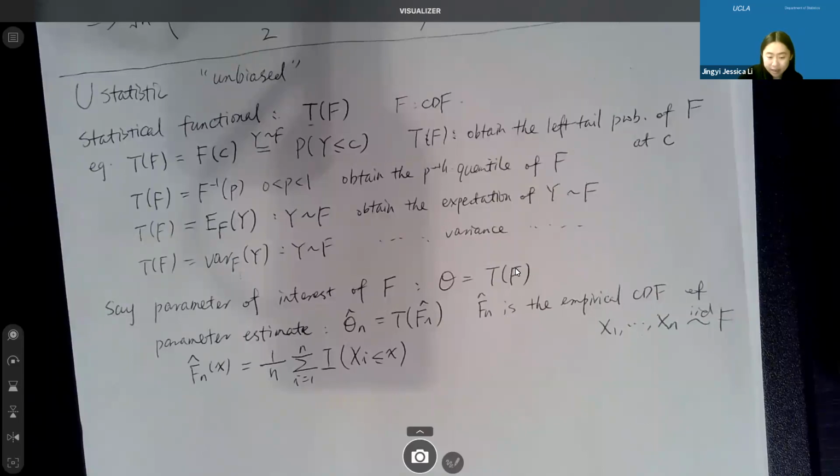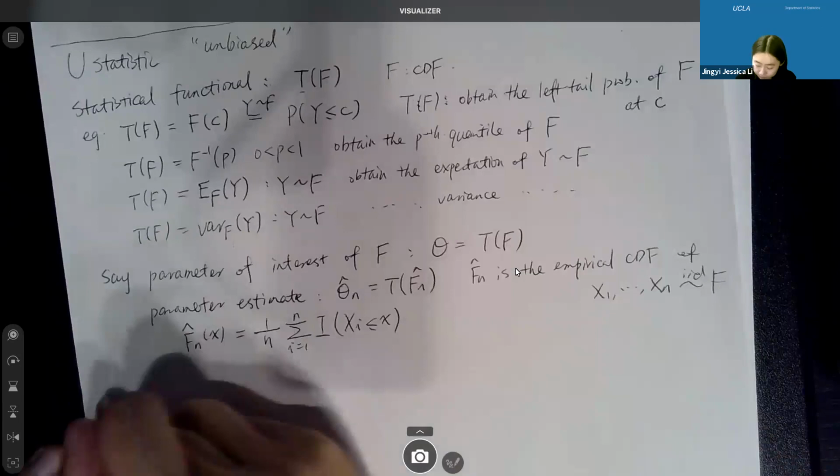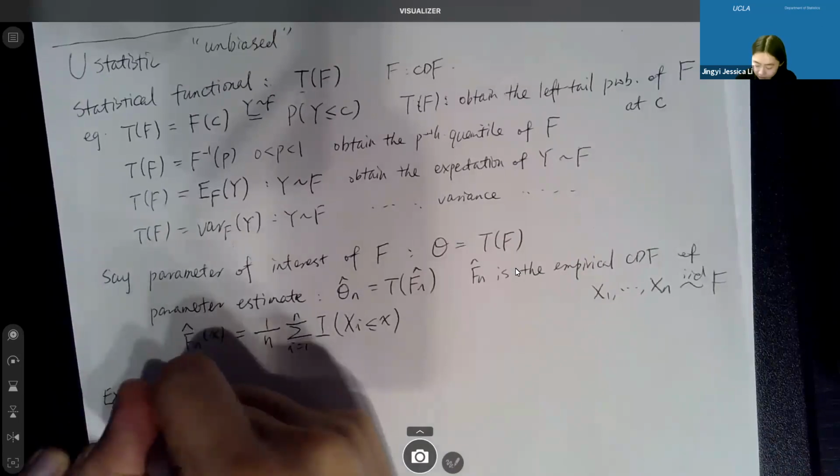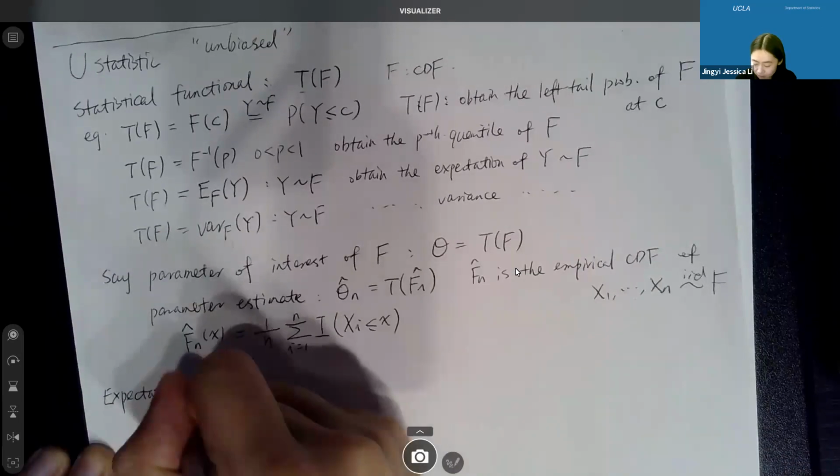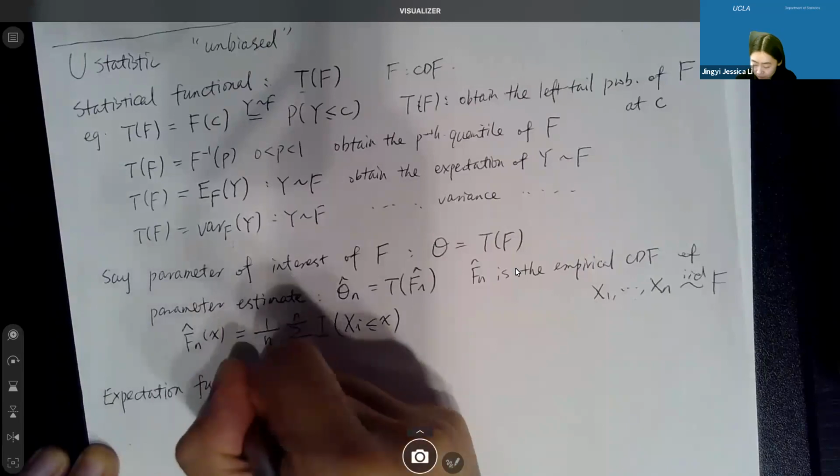And then the next thing we want to talk about is what we call the expectation functional. By the name, you can know that it's about some sort of expectation.